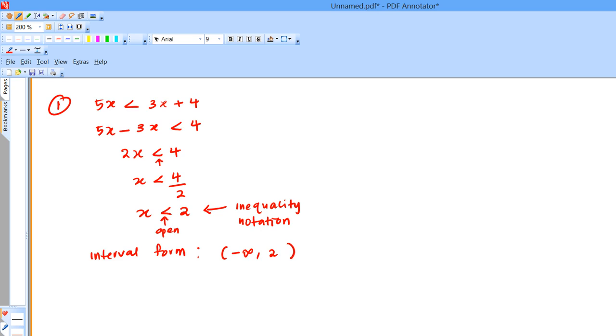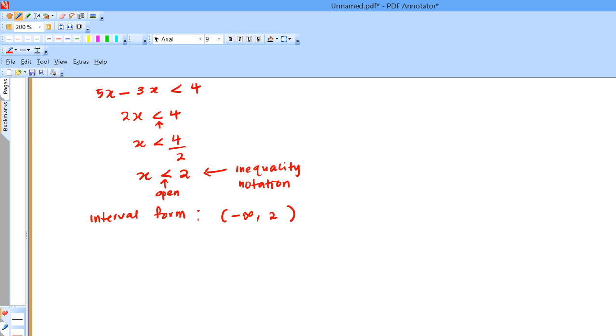And then how to write the solution on the real number line. We have the value 2, and since we have an open bracket, we use a white dot, and then move to the left.